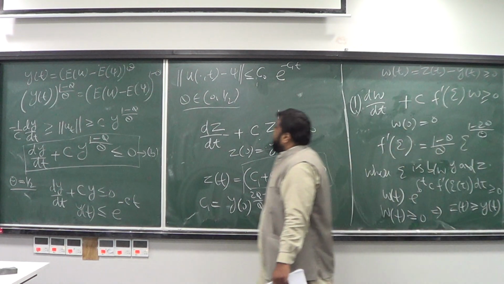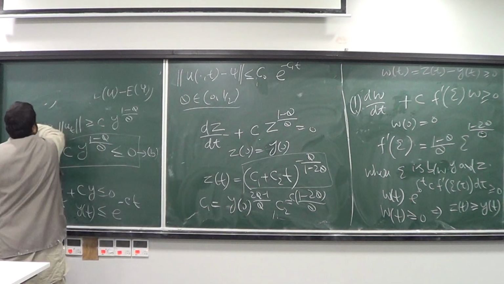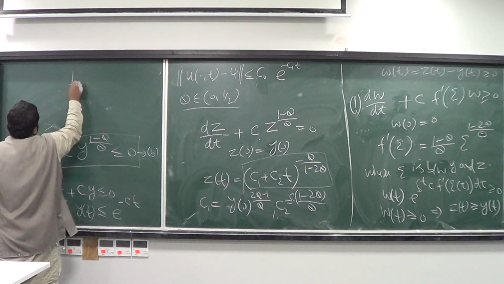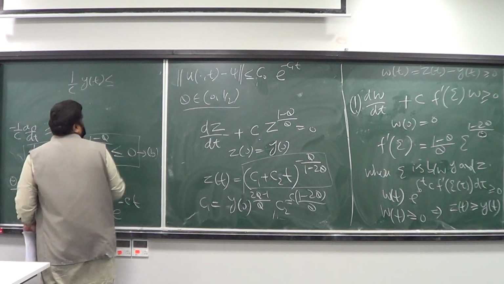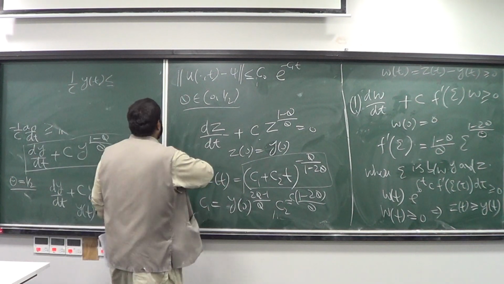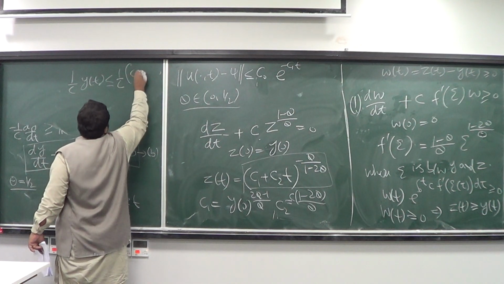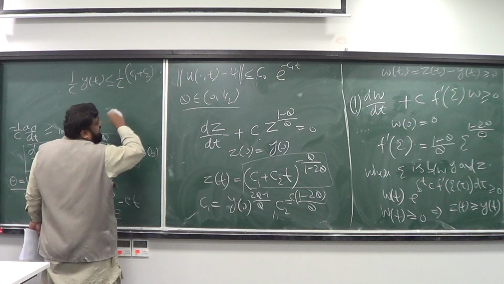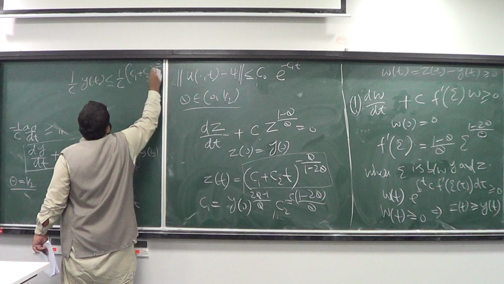And as I said, if z of t is greater than or equal to y of t, then I can say that 1 over c y of t is less than or equal to z of t, which is this function, 1 over c times (c1 plus c2 t) power minus theta over (1 minus 2 theta).